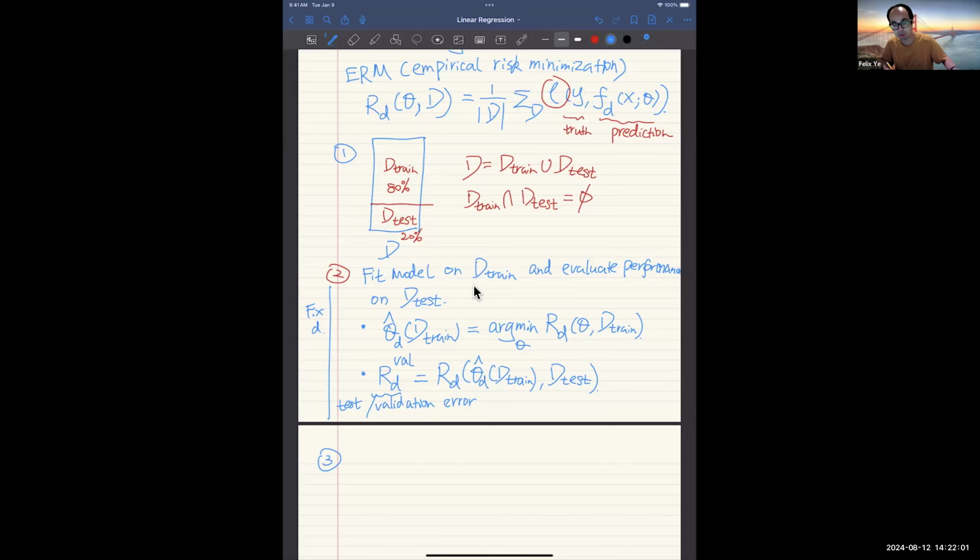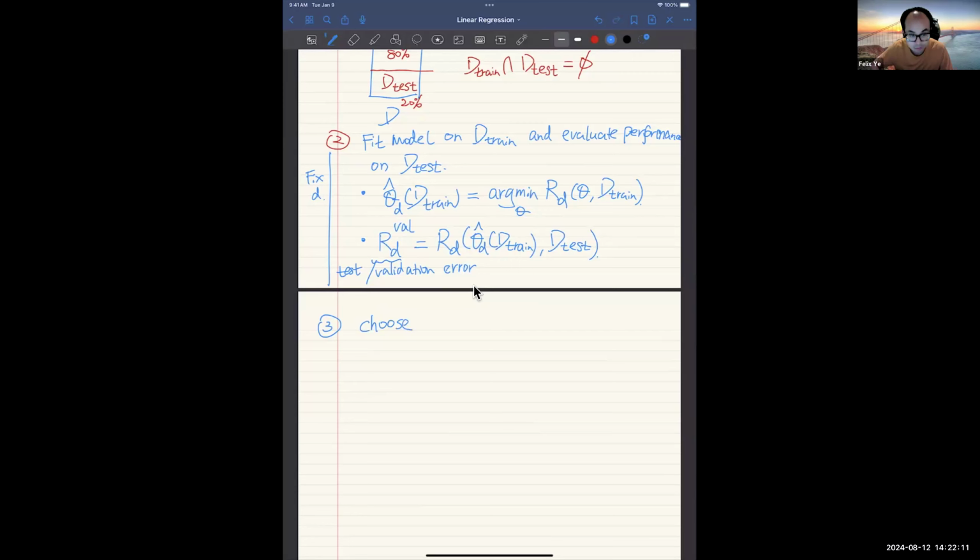So then we are going to vary the D. What we do is we choose the D such that it gives the best validation performance. Here the key is we choose the D not based on the training error.